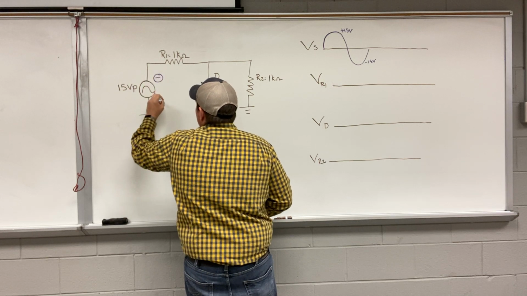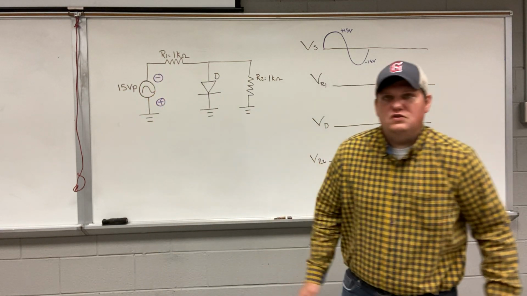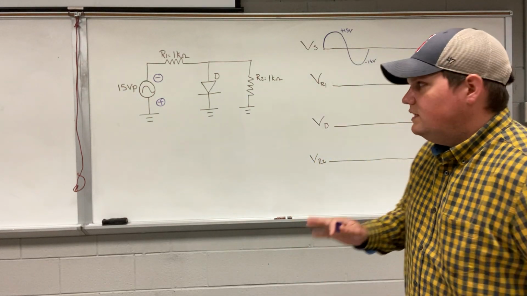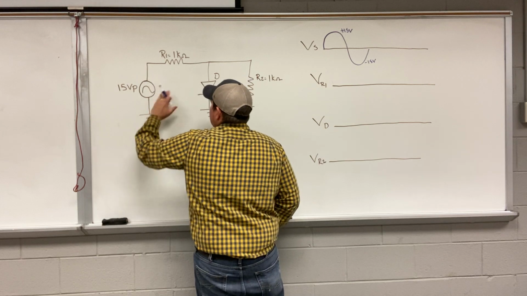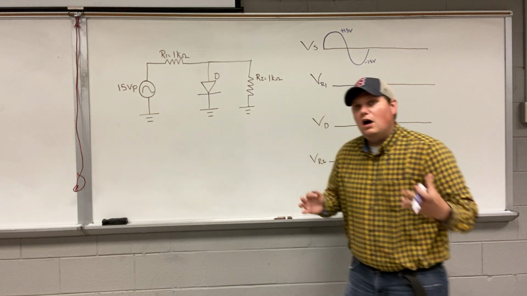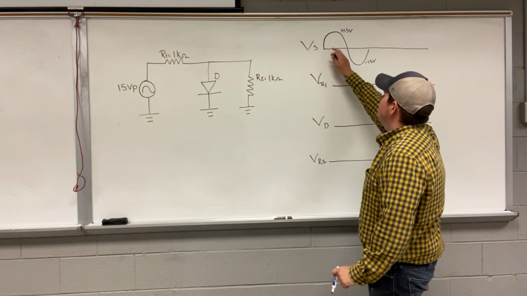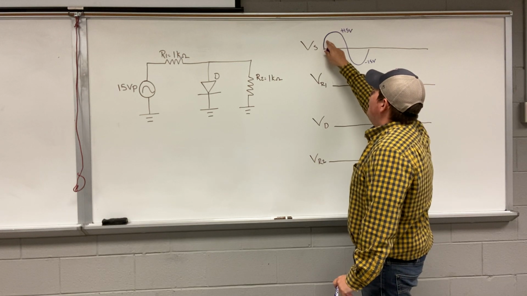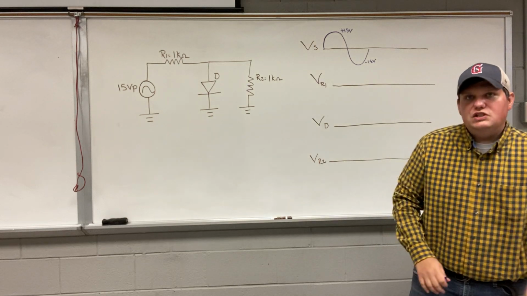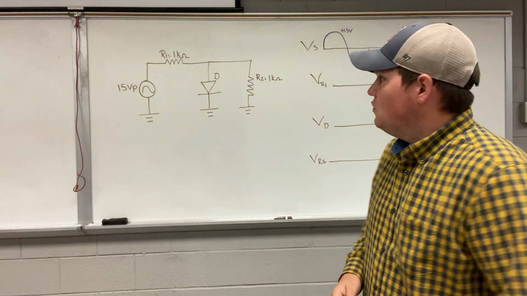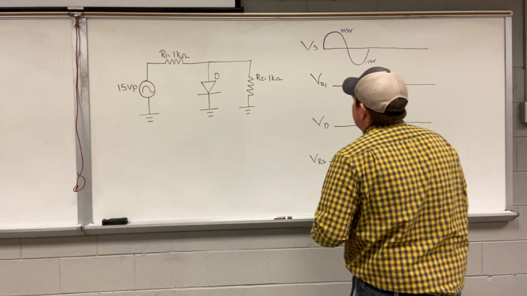So this would be your polarity on the downswing. So let's look and see what is going on the upswing. Remember, when I'm talking about upswing, I'm referring to when current is traveling in this direction. So it's traveling in the positive direction on the upswing.